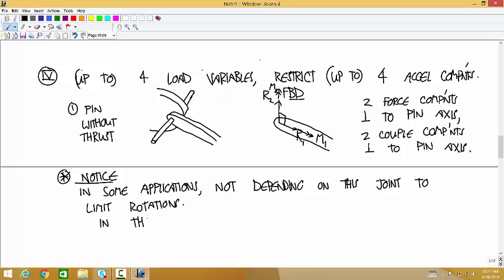In those cases, you just don't use those two couples. So there's just no M1 or M2.